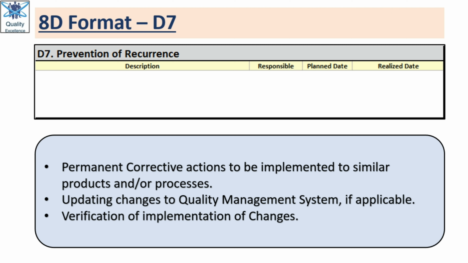Suppose if there is a need of updating PFMEA or control plan or some formats or some procedures or some work instruction, some manufacturing process sheets or manufacturing process plan, suppose QAP, whatever the document it may be, if it is suggesting to update any of this document, then it should be updated. And then verification of implementation of changes. Whatever you have implemented, all the changes, permanent corrective actions and the changes should be verified.